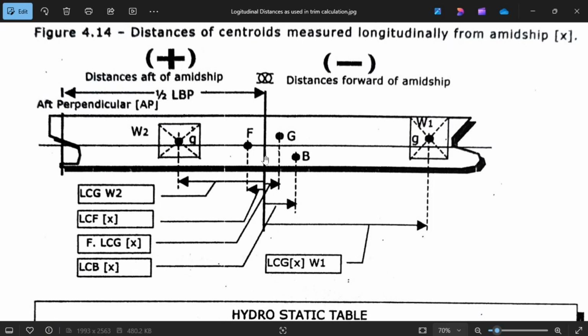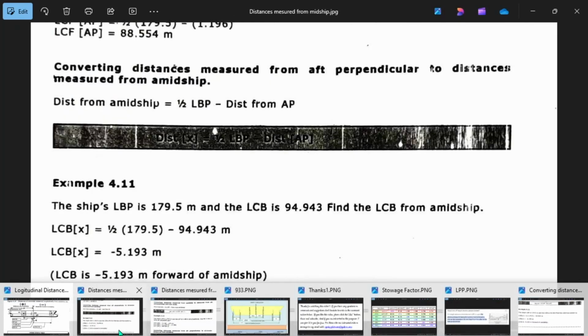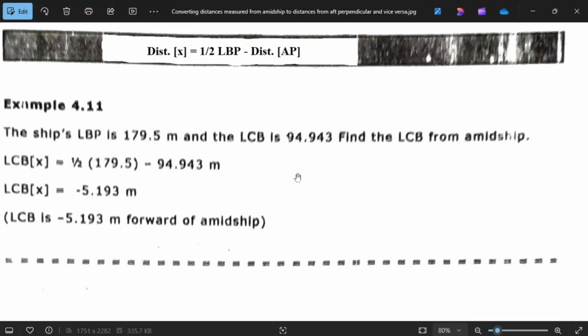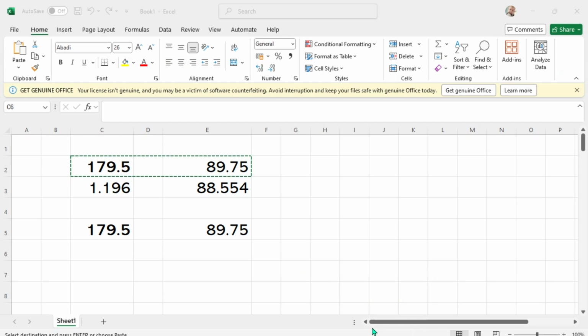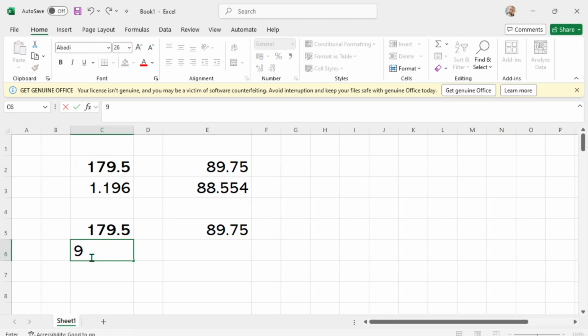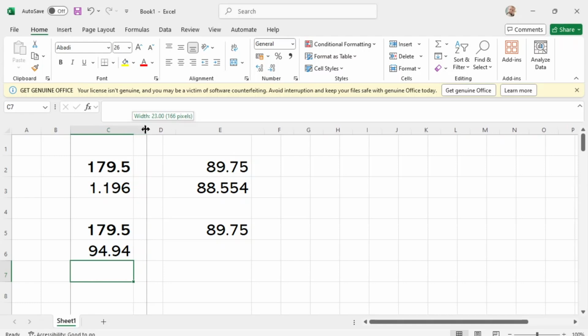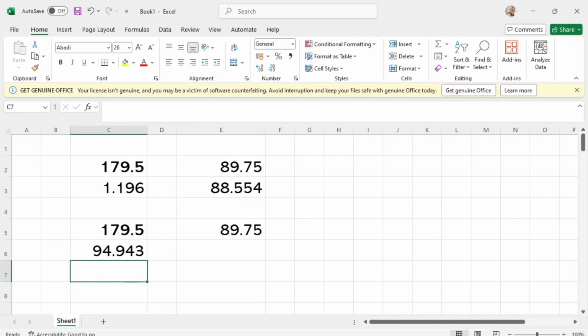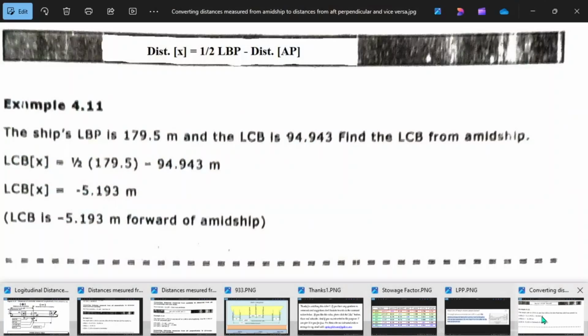So it says here 94.943. Is that correct? Okay.